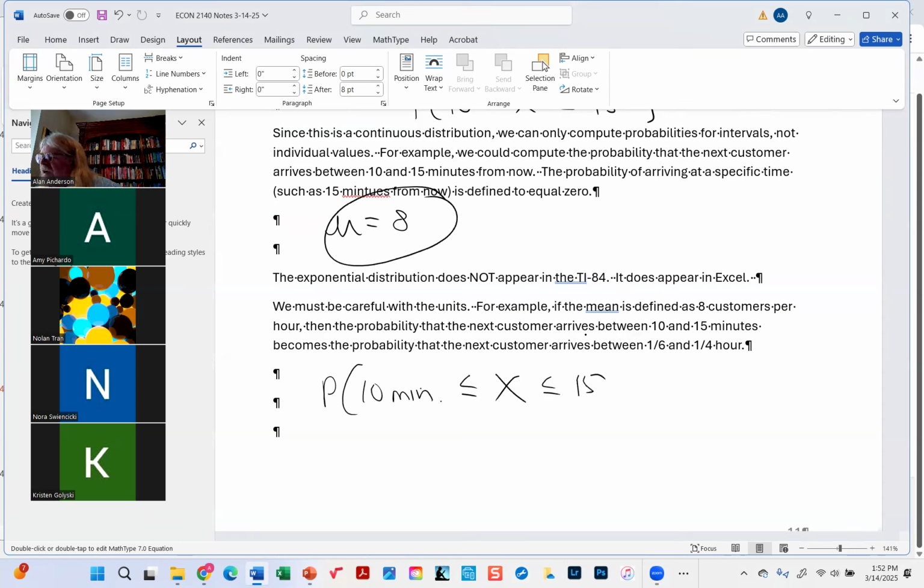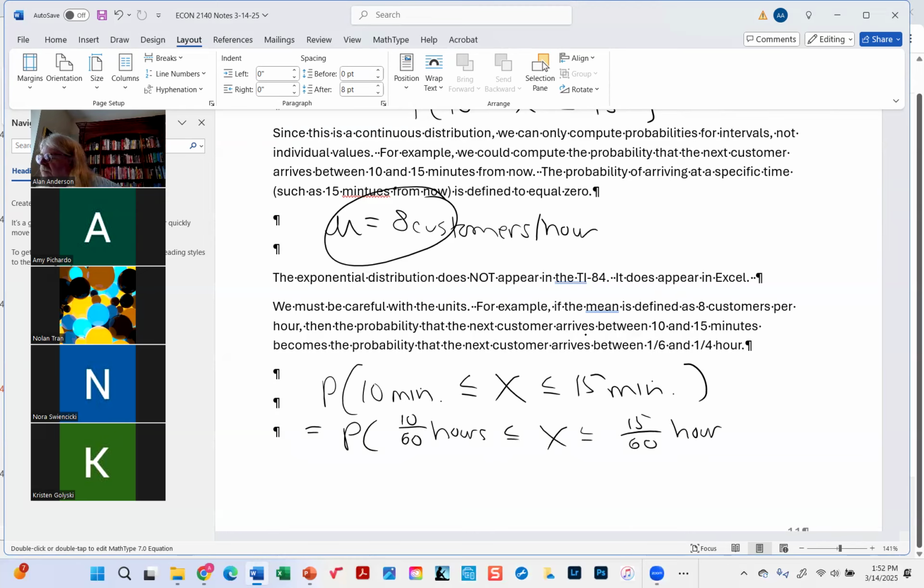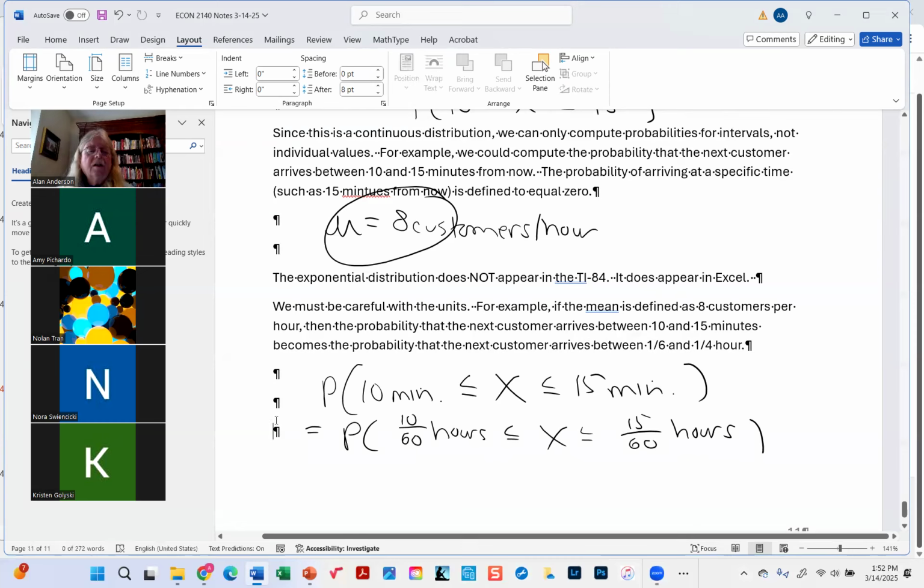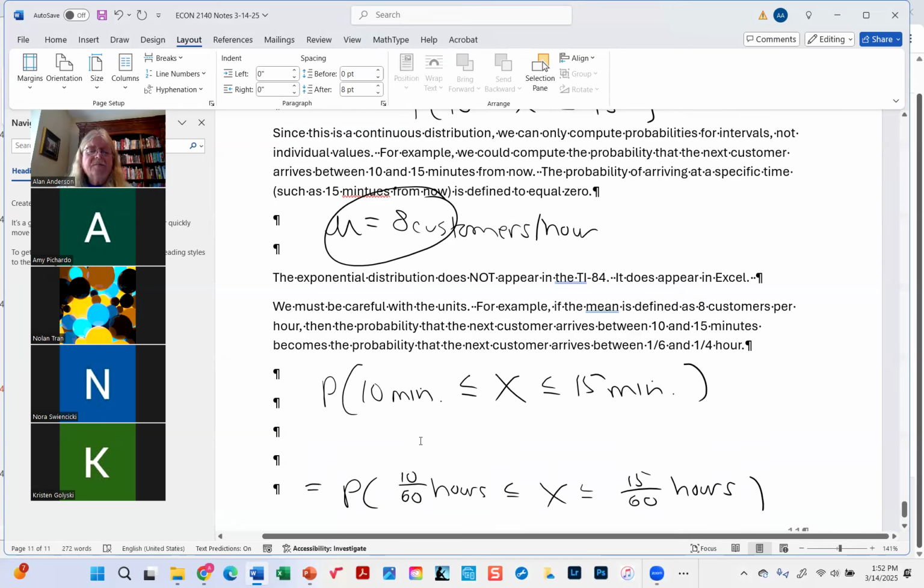But if mu is in terms of hours or per hour, then what we have to do here is this. So we have to make the adjustment. We can't just leave it like that. Otherwise, our numbers will be way off.